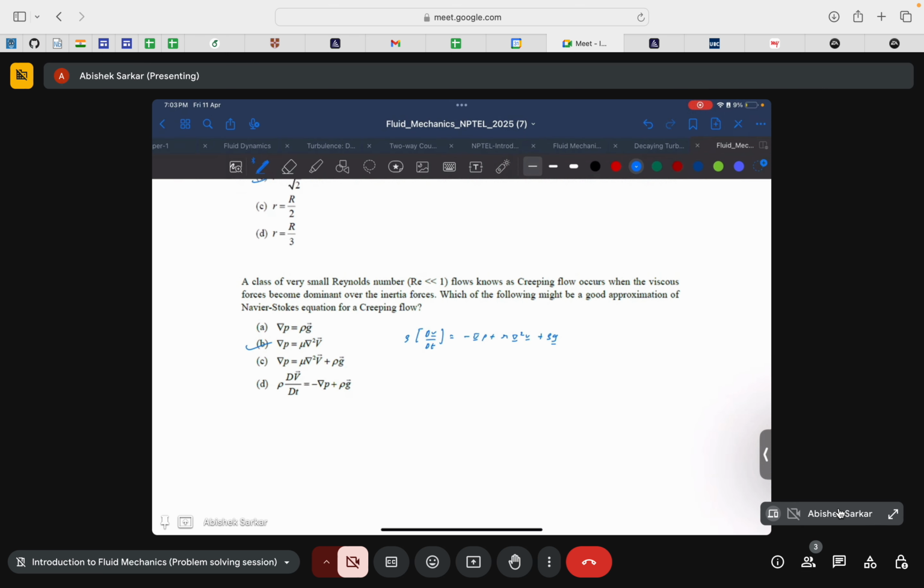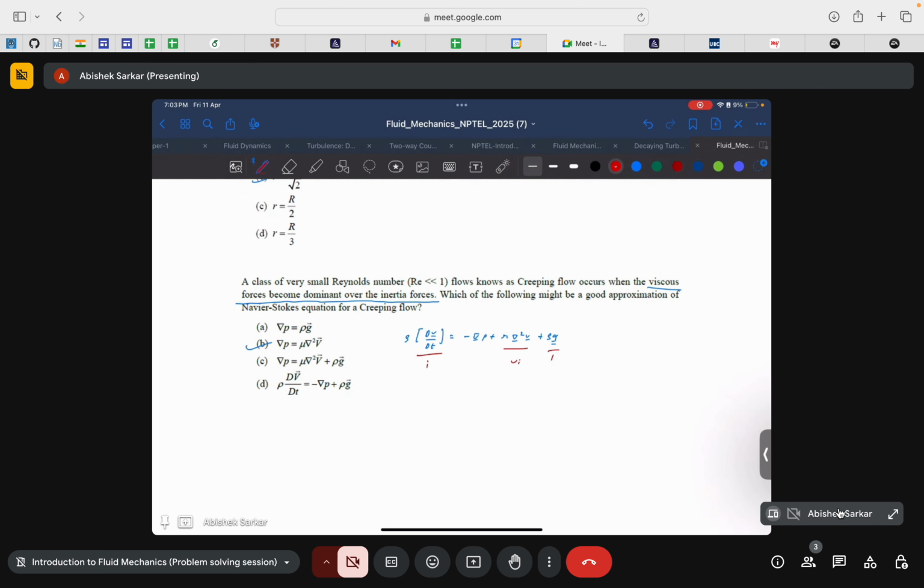Here it is told that for low Reynolds number, the viscous forces become more dominant over the inertia forces. So the inertial force terms, I represent here as I, and these are the viscous forces, which I represent as VI.